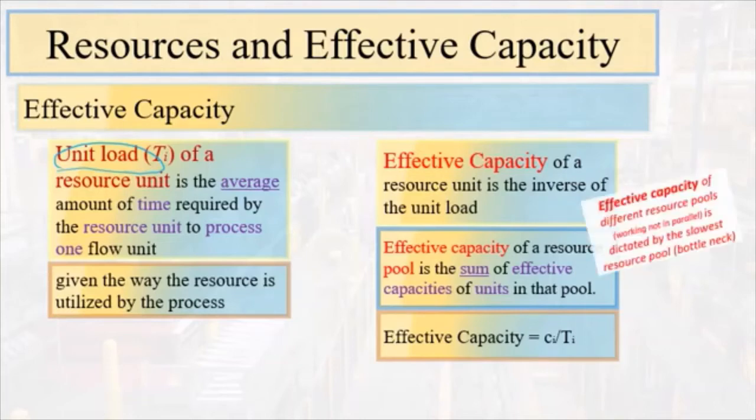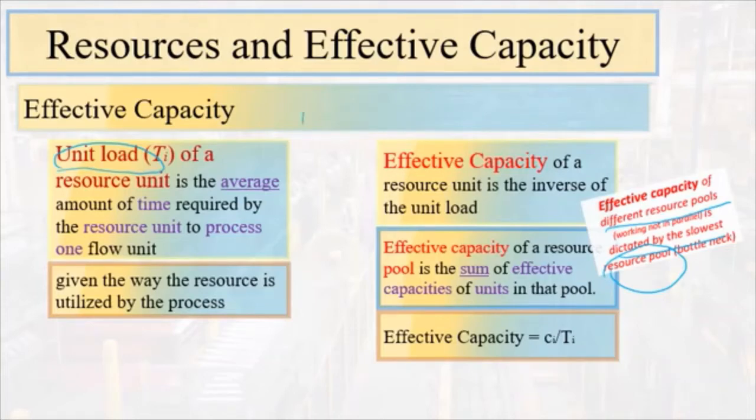Now the effective capacity of different resource pools is always dictated by the slowest resource pool, which is the bottleneck. So the bottleneck will always dictate the effective capacity of the whole system.